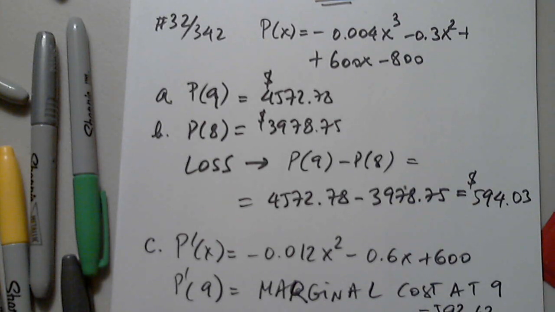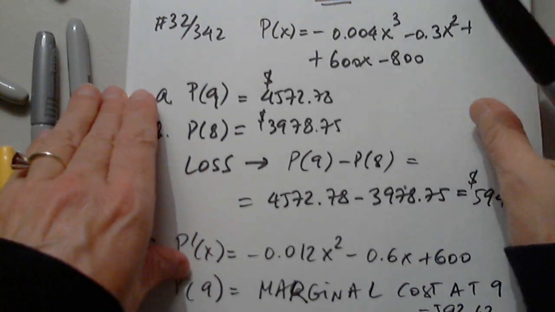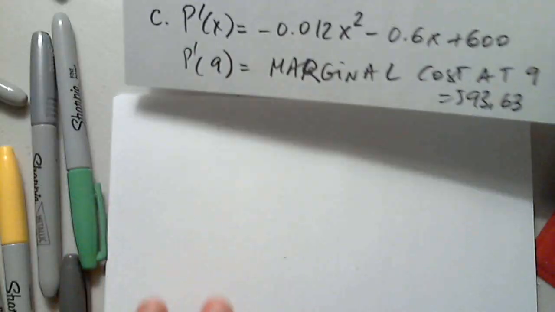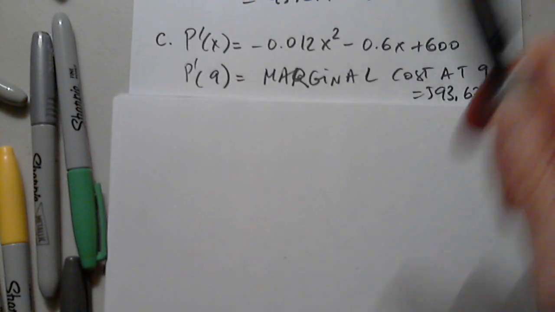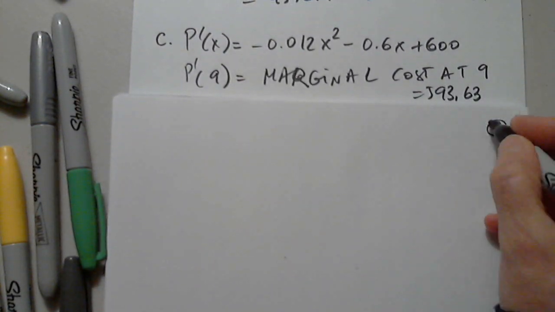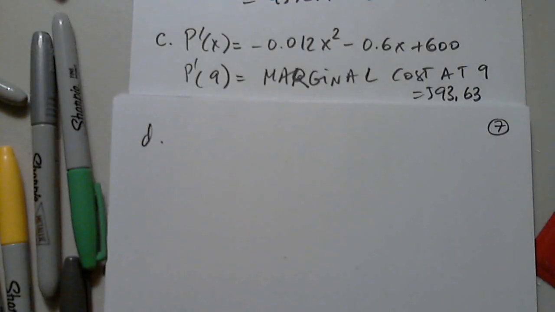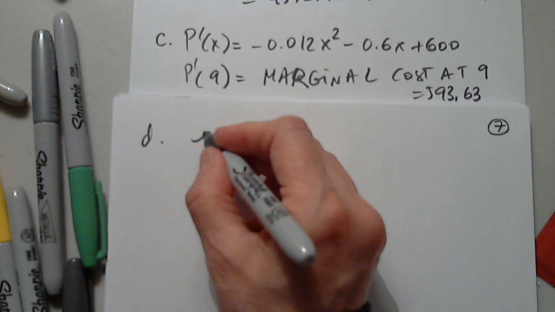Use the answers from part A and C to estimate the profit resulting from the production and sale of 10 laptops weekly. So if you remember that approximation, that's our formula.